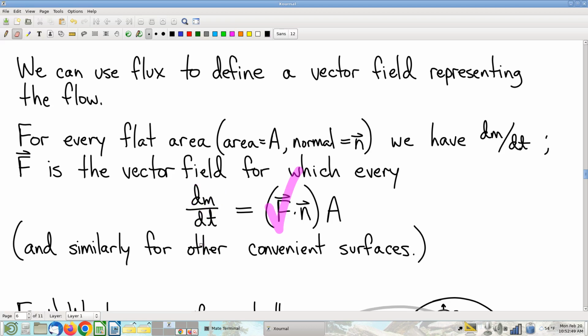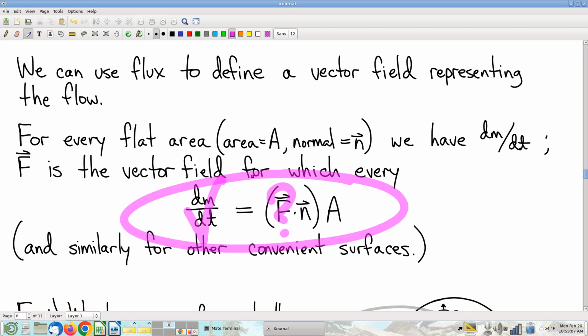We're going to turn that around now and say, suppose we know already, empirically, how much fluid per unit time is flowing through any given surface. Can we reverse engineer what a vector field is that would give us that flow rate per this usual formula?